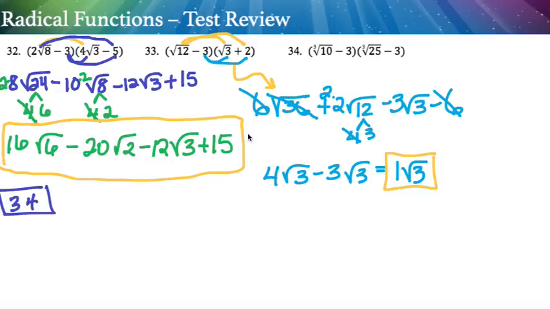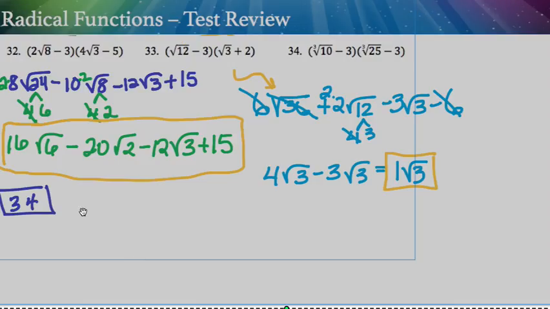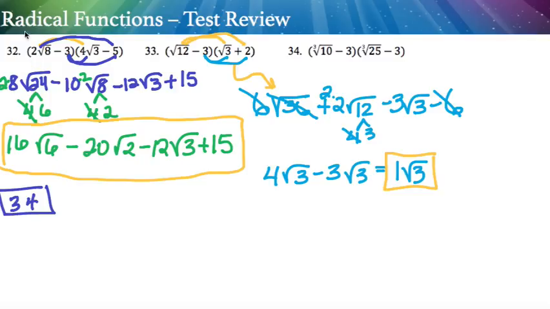Then I'm going to do this one right here. So that's 10 and 3. So I've got to go minus 3 cube root 10 because I can't put them together like that. They have to just stay like that.